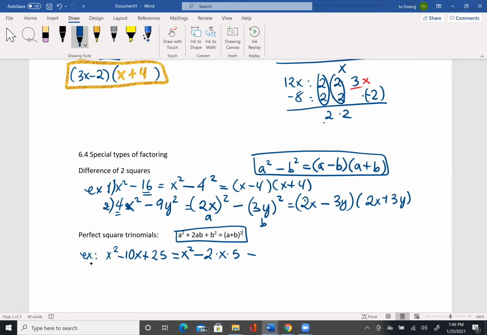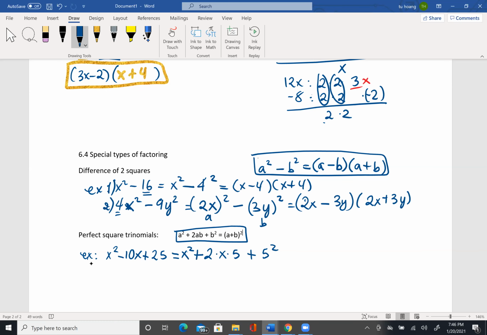And then plus 5 squared. Now, let me change it to look exactly like the form.